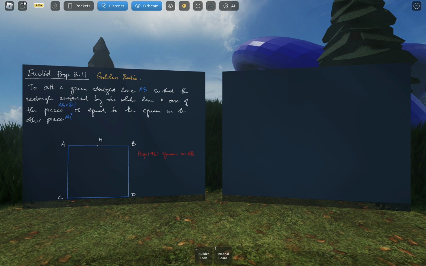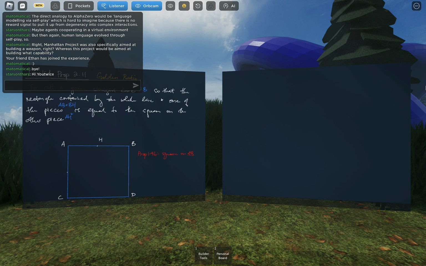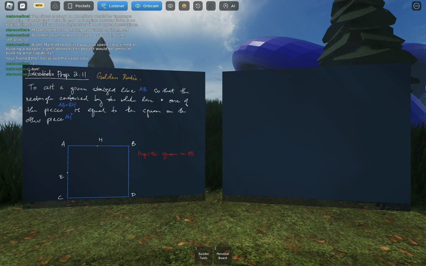And the next thing we're going to do is draw a midpoint on AC. So we're going to label a point here called E. And this is going to be a point on AC such that it cuts it in half. And the proposition that allows us to do this is proposition 1.10.